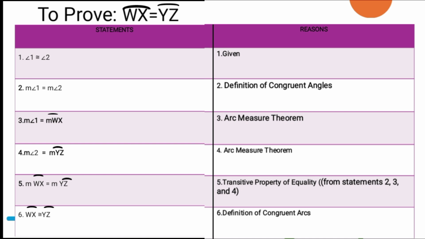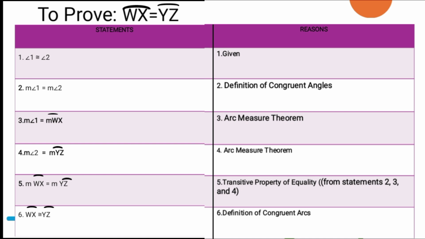In our fourth statement, we apply the arc measurement theorem again to equate the measure of angle 2 and arc YZ. Now, let's move forward to statement number 5, where we use the transitive property of equality to combine the equalities from statements 2, 3, and 4.